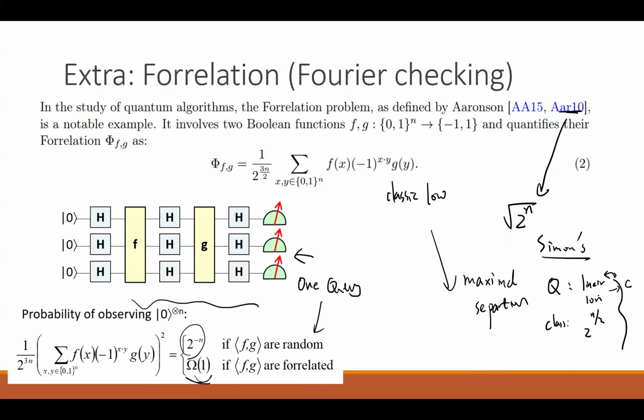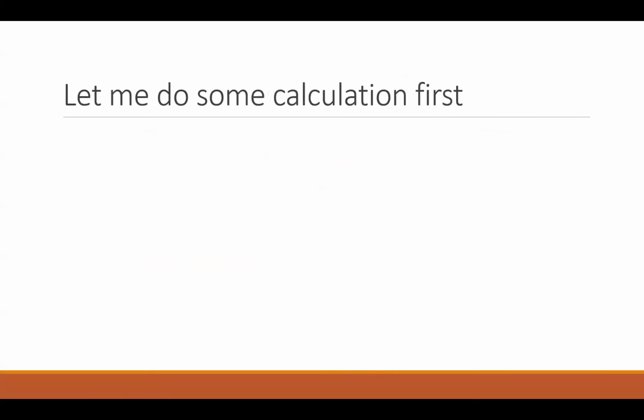But we don't have non-classical measurement. But in this checking problem, the classical is exponential, but the quantum has basically constant, because this is negligible.